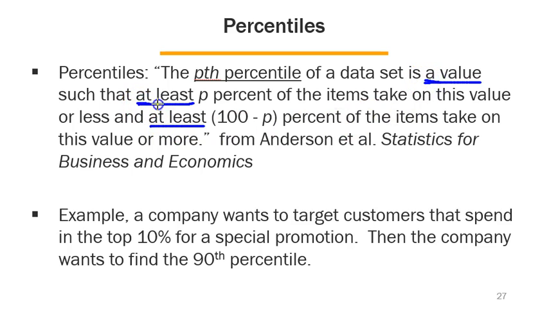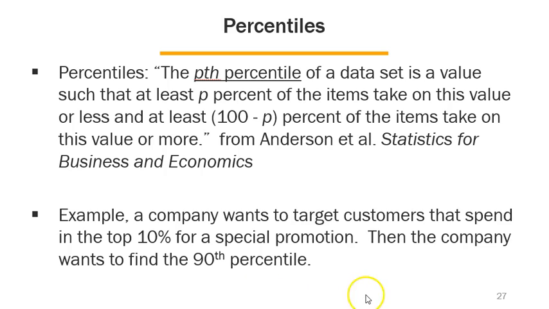And again, it has this at least portion here, which suggests that there could be ties, for example, or it could be a little more because, in our previous example with the median, you had at least two values, right? Because you couldn't have 1.5. And so these are just some little points to note, or things to understand about that definition.